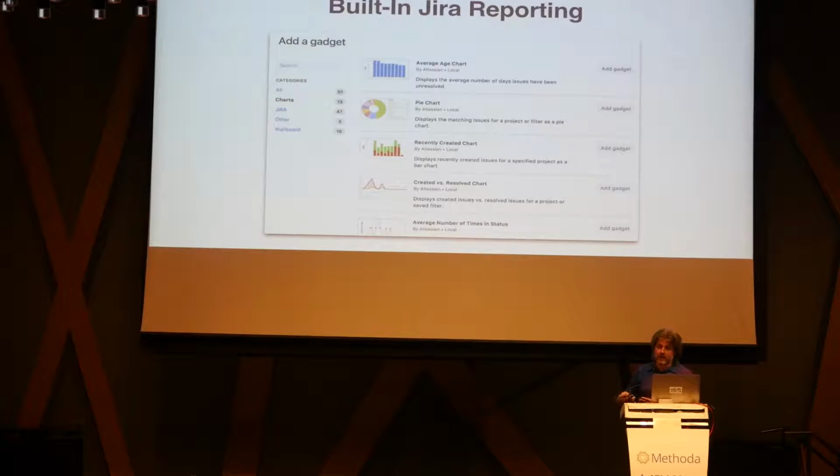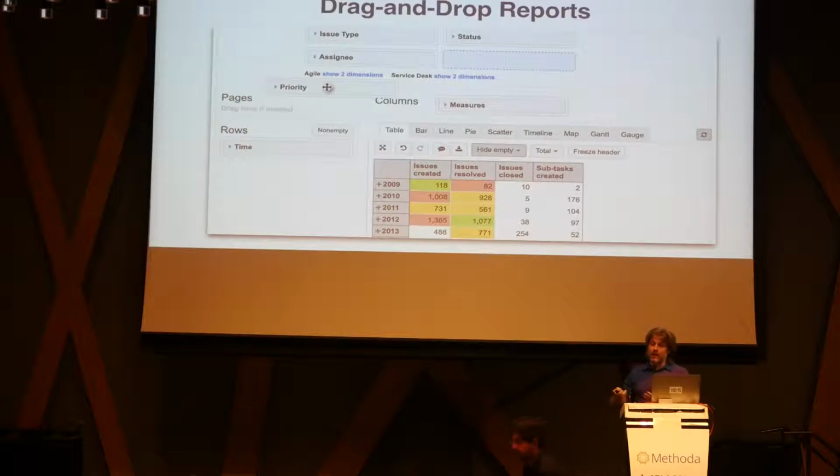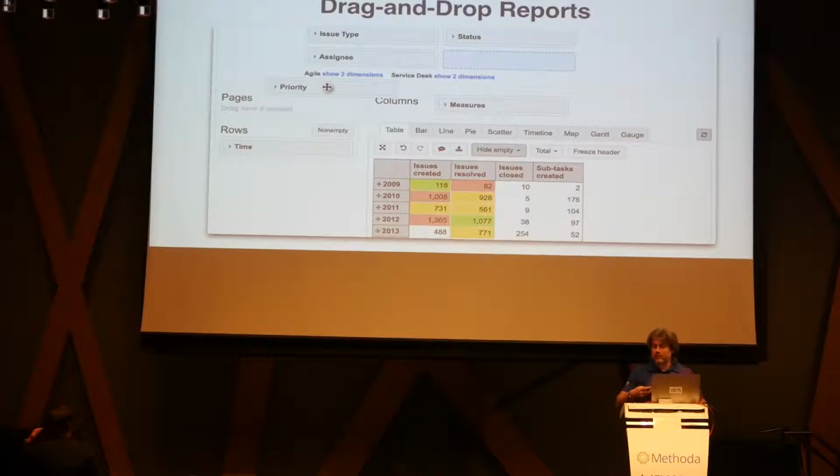And therefore, quite often after some while customers using Jira find out that they would like to use eazyBI for more advanced and custom reporting for their specific needs. eazyBI provides a drag and drop report builder where you can analyze a lot of different so-called measures like issues created or resolved, unresolved, time spent, number of workflow transitions, etc. And you can analyze them by different dimensions, like by projects, issue types, priorities, and so on.